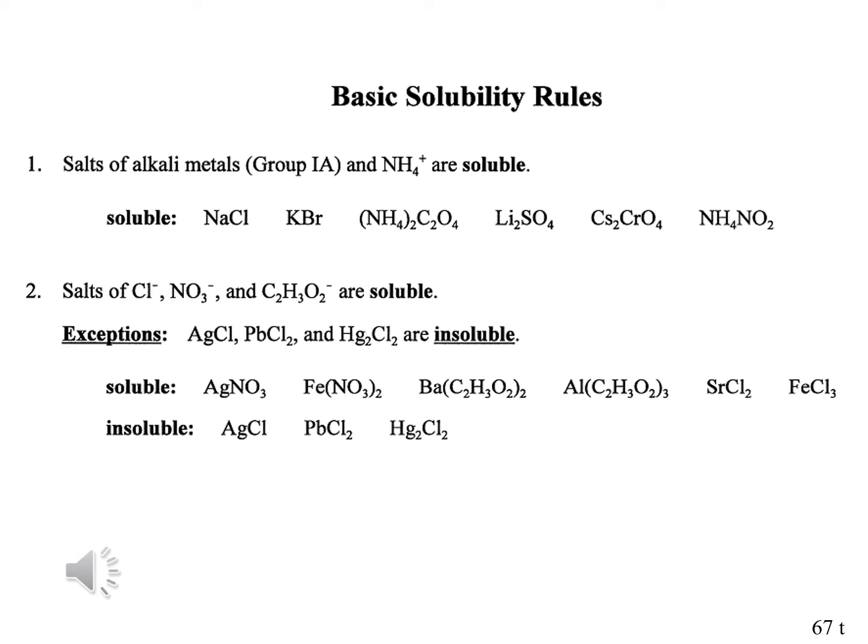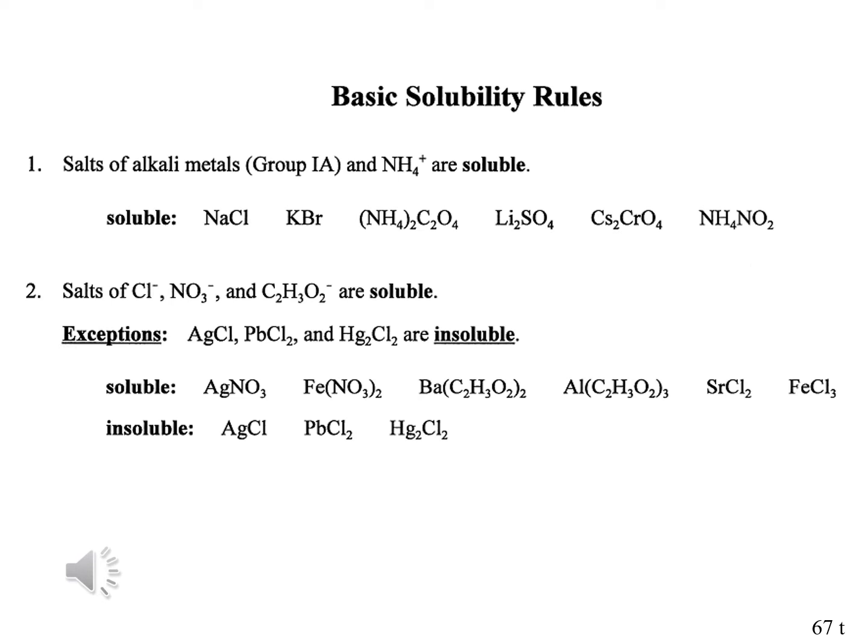The first thing we need to know how to do is to write the KSP expression for any salt I give you. And this one, I'm going to give you PbCl2. If you look at how I wrote the dissolving equation, I have 1 lead and 2 Cl minuses. I'm going to keep reviewing the solubility rules today.